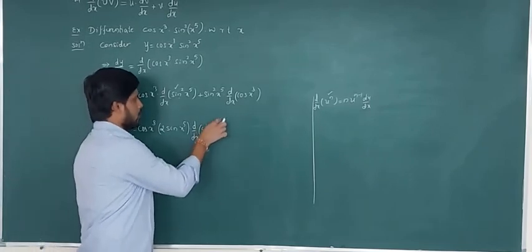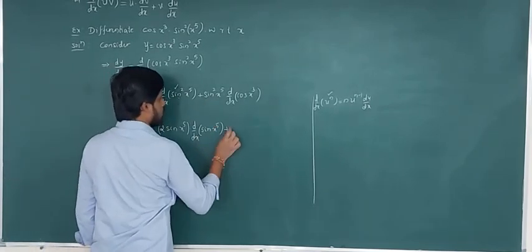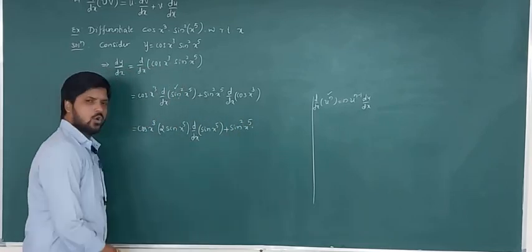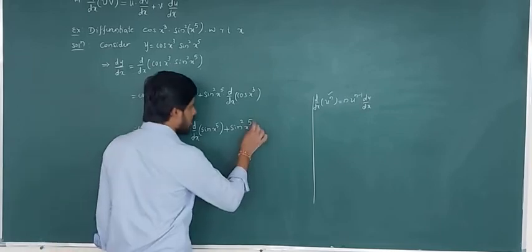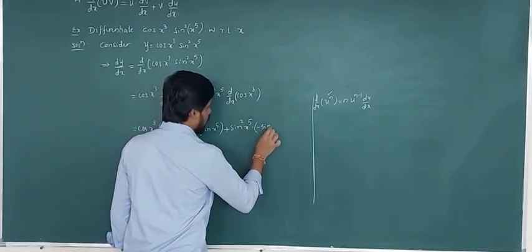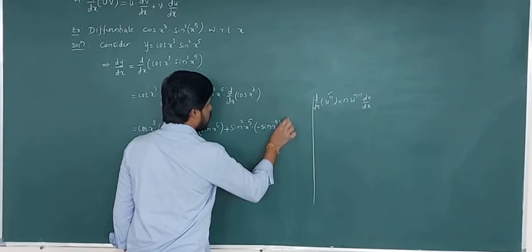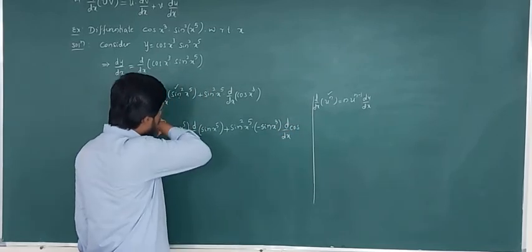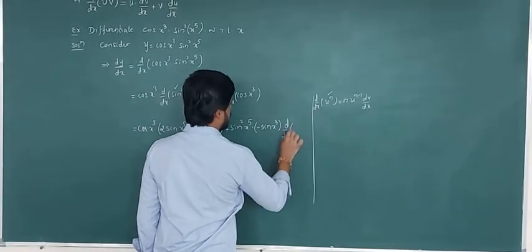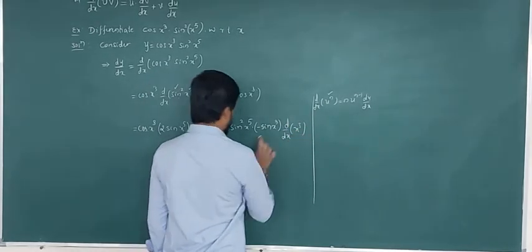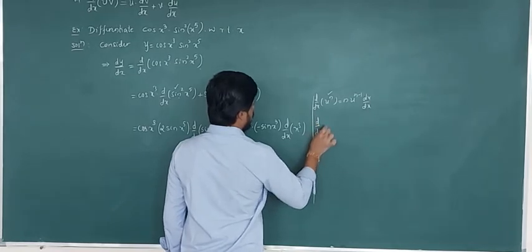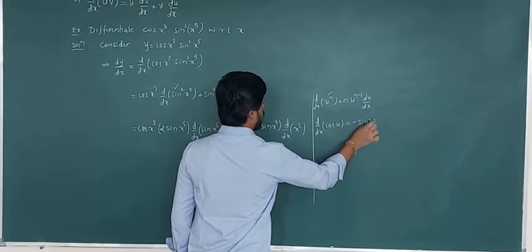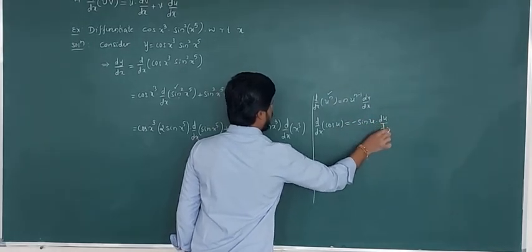So sin x to the power 5, plus the second term, sin square x to the power 5 as it is, into the derivative of cos x cube. Cos differentiation is minus sin x cube into d by dx of x cube, because we have d by dx of cos u equal to minus sin u into du by dx.